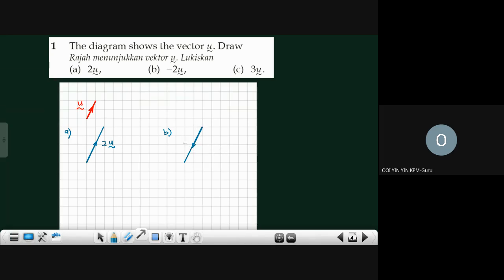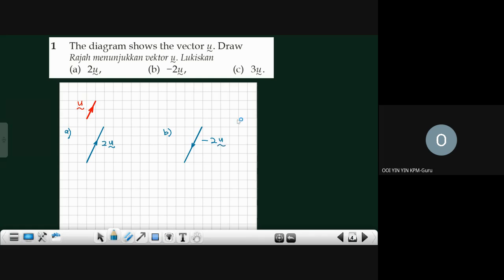Nah, maksudnya, okay, bagi nampak macam satu garis lah. Looks nicer, without the repetition. Because I actually want to draw the arrow, and since I'm lazy about the markings, I just put the arrow at the position. So you see the arrow is in the opposite direction. So this is the magnitude negative 2u. That's how you draw it.